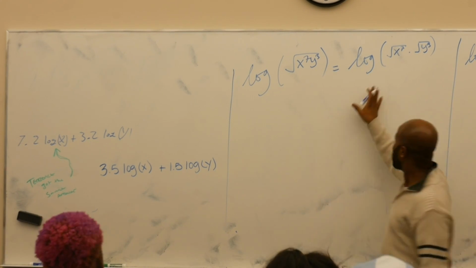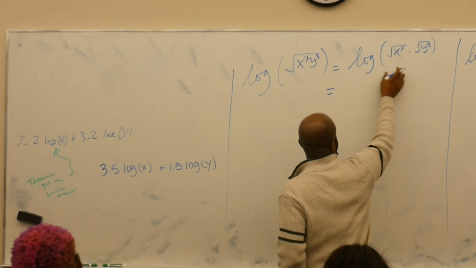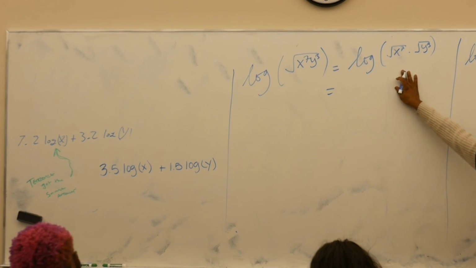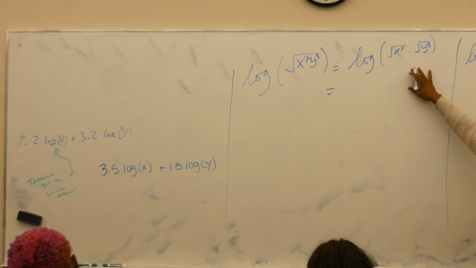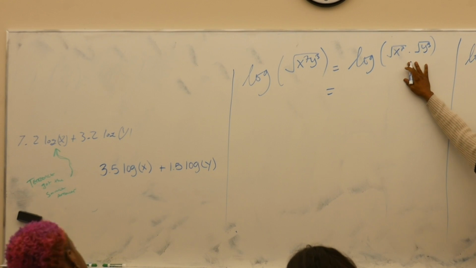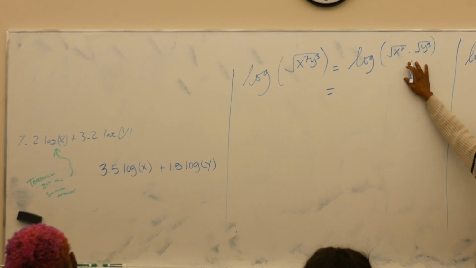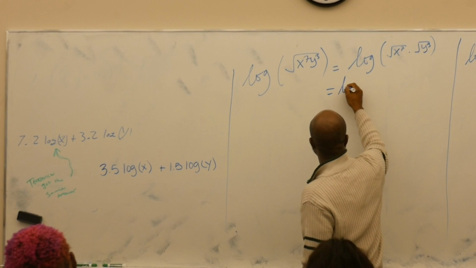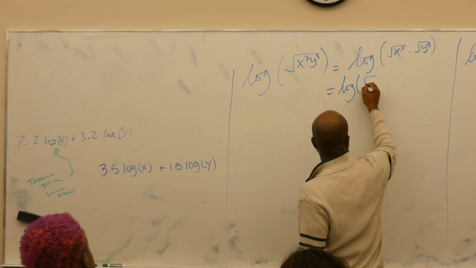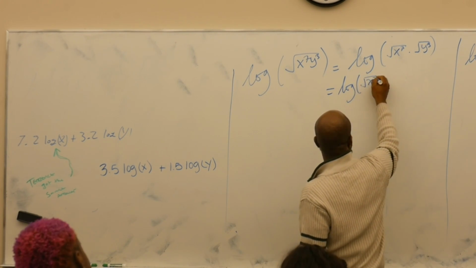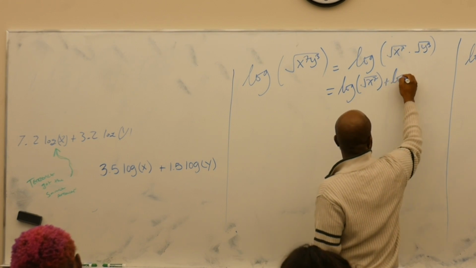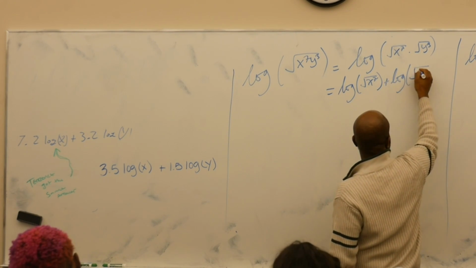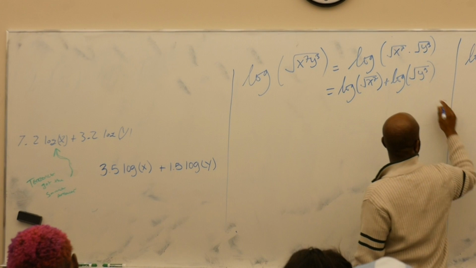If you started this way, your next step will be, this is a multiplication. If it is a multiplication, we add, right? We expanded it. So this is the log of the root of x to the 7 plus the log of the root of y cubed.